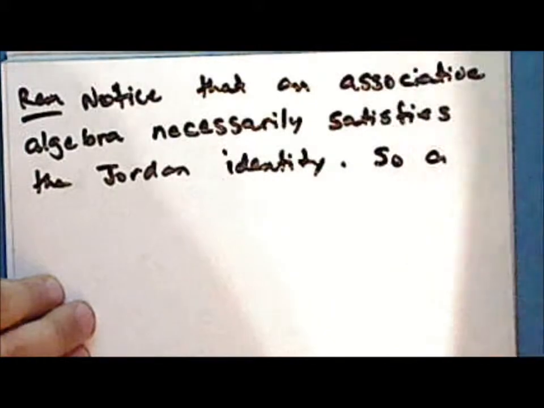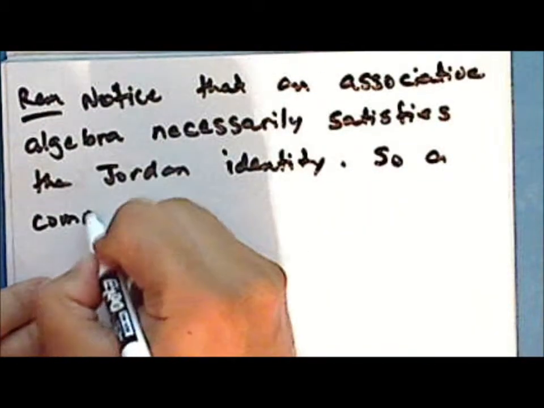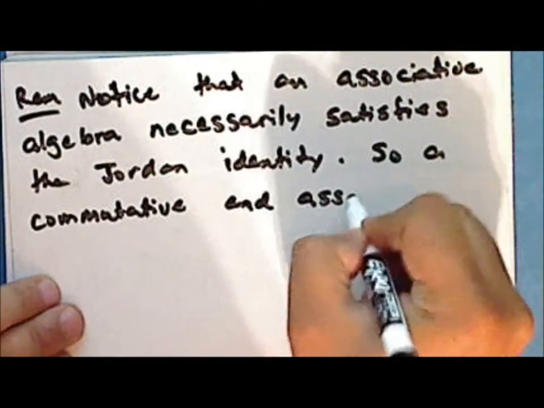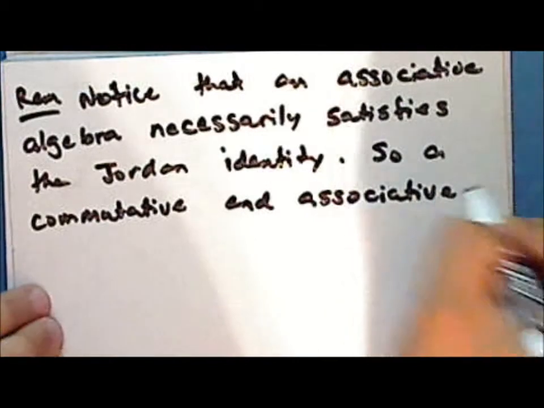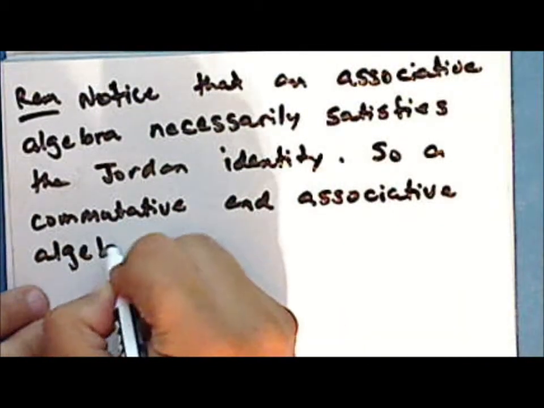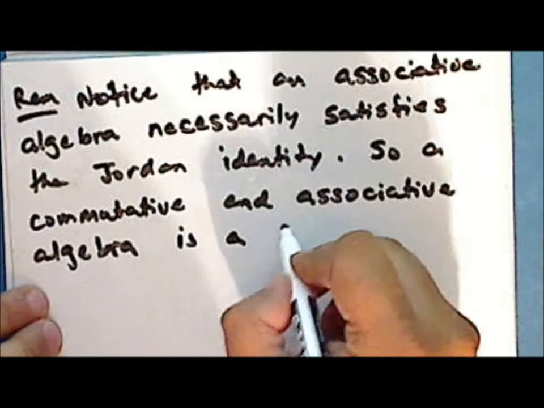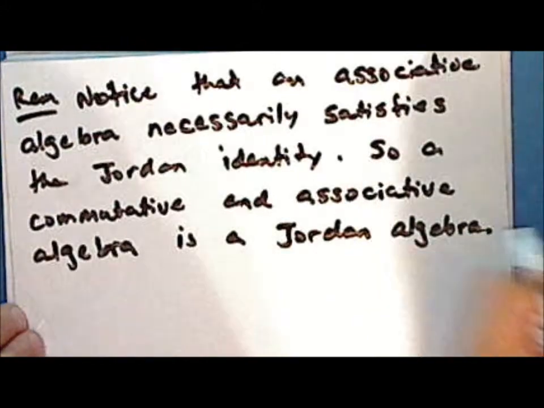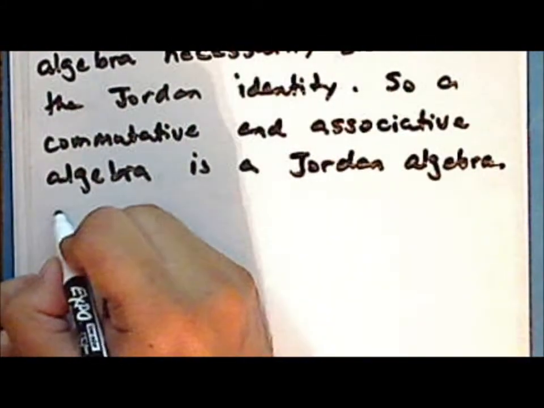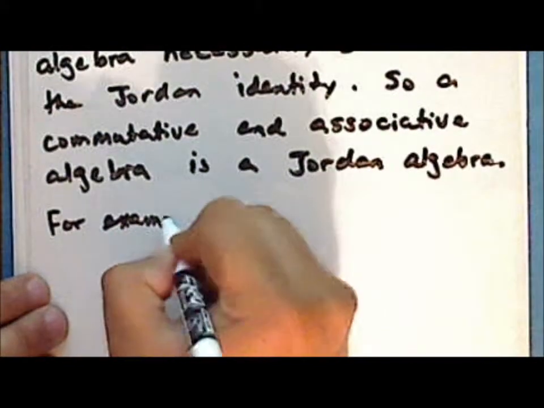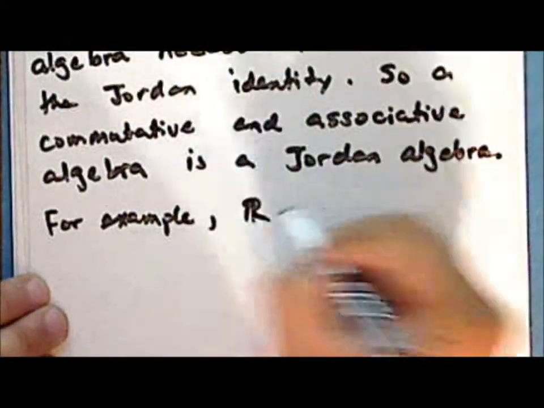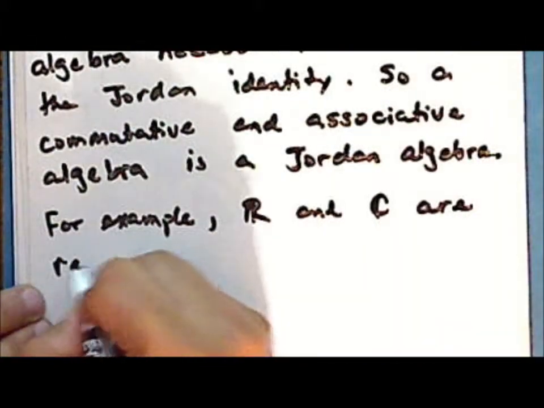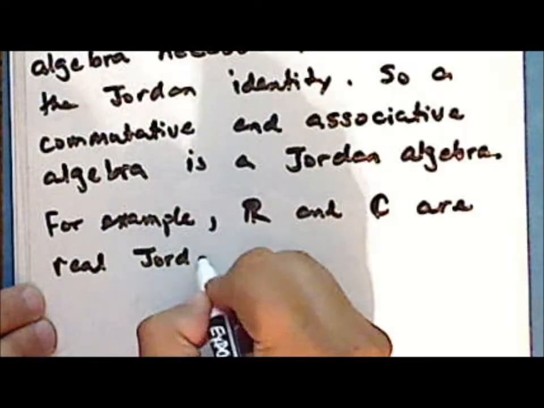So a commutative and associative algebra is a Jordan algebra, and so, for example, the reals and the complex numbers are real Jordan algebras.